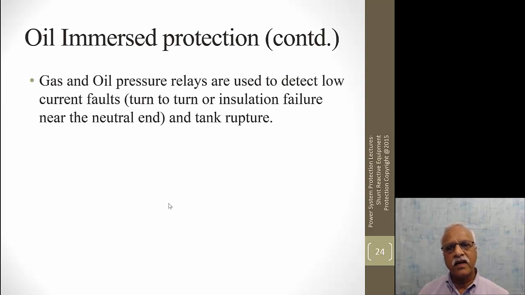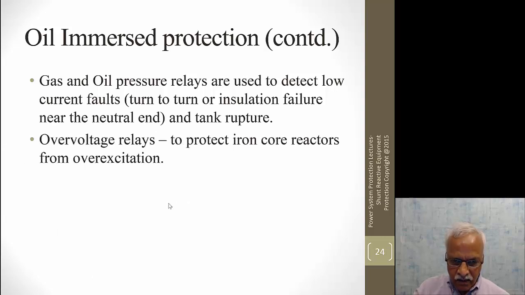In addition to electrical sensing relays, because this is similar in construction to a transformer, we use gas and oil pressure relays, similar to transformer protection, to detect any overheating or turn failures inside the transformer.